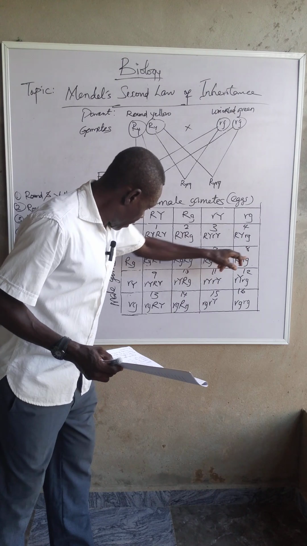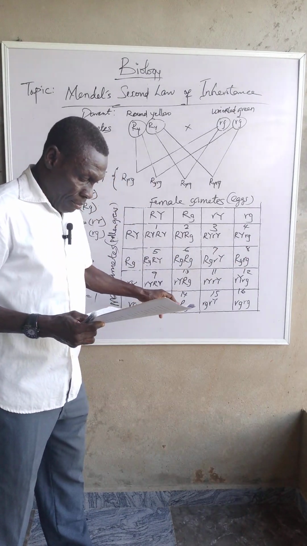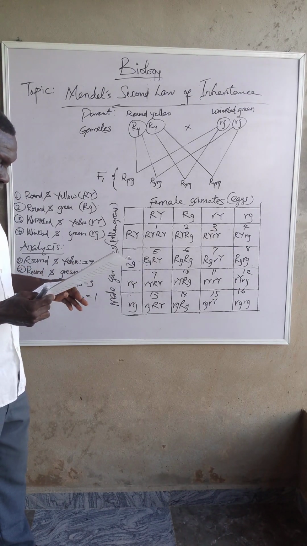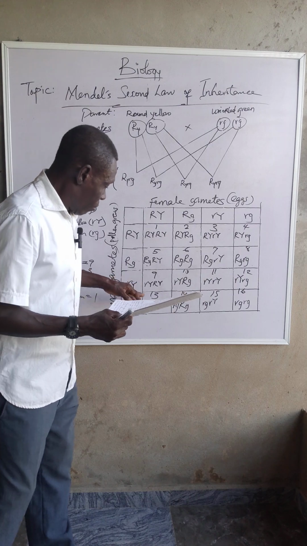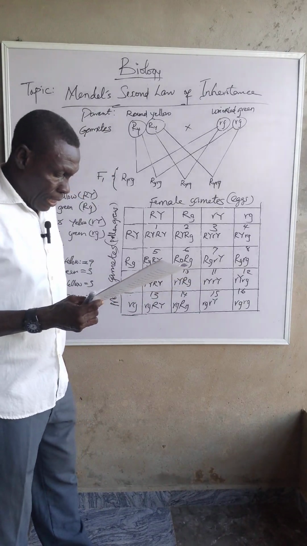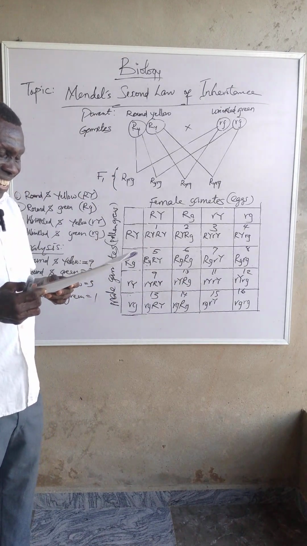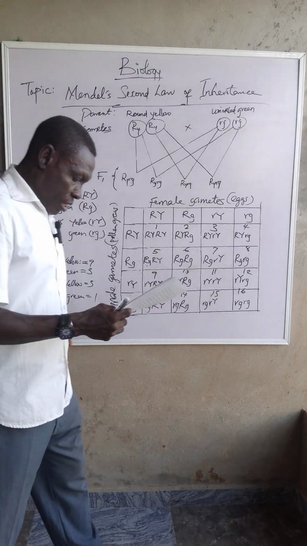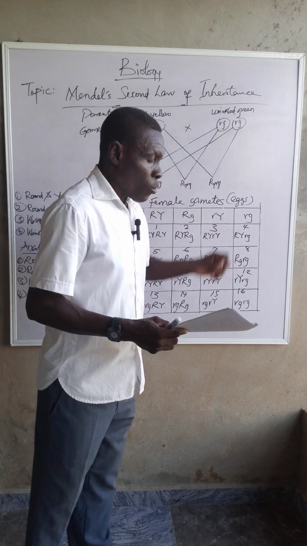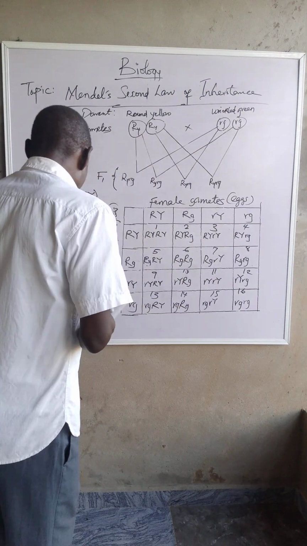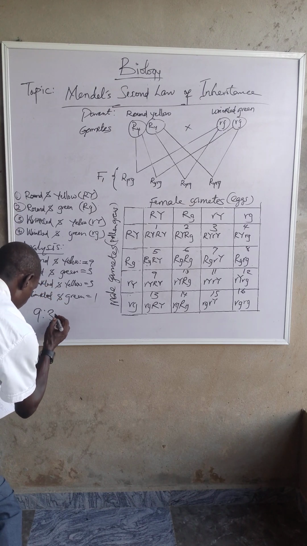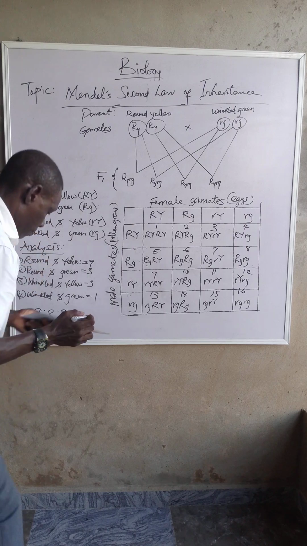The ones that are wrinkled and yellow are also 3: 11, 12, and 15. And the one that appeared wrinkled and green is only one, number 16. So going by the ratio, it means 9 to 3 to 3 to 1.